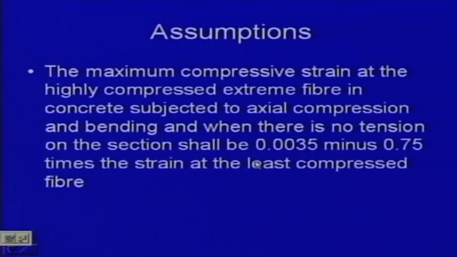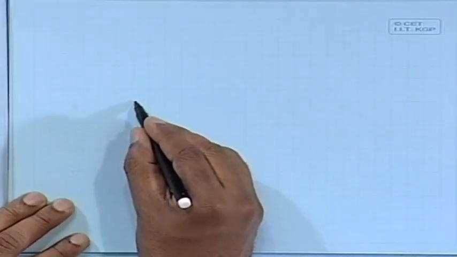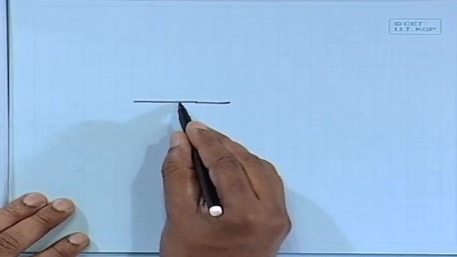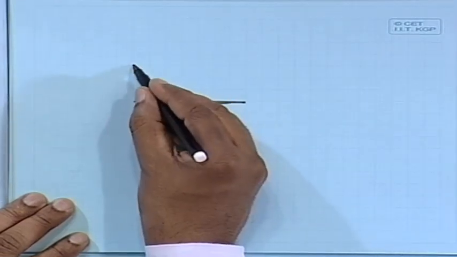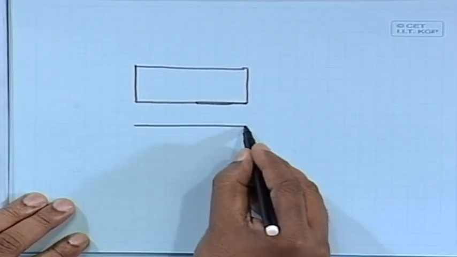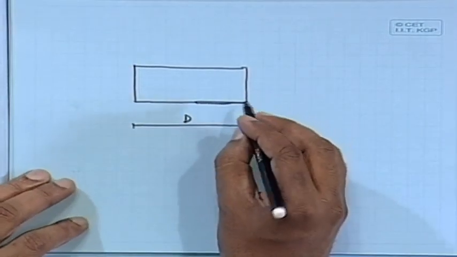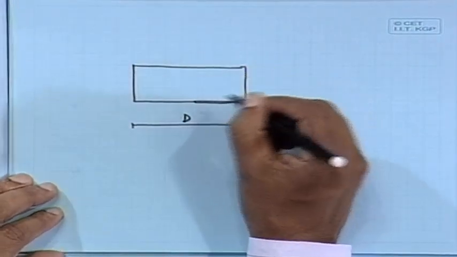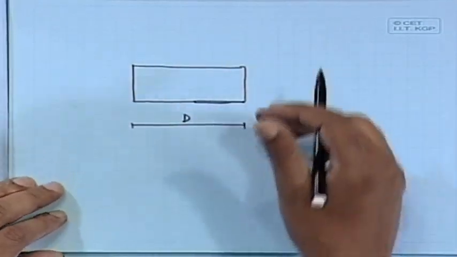So, what does it mean? Let me explain. If this is your section, let us say D, if this is your section D, what we can do, okay, I shall tell you in the next class, because it will take some time.